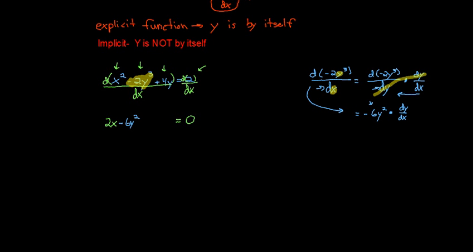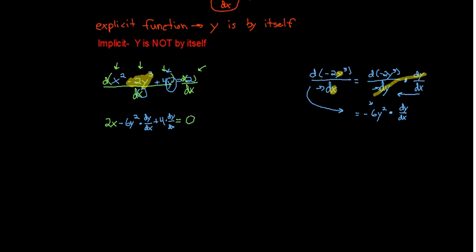But because the variables did not match, I have to add a dy over dx. Alright? So the next one, I have the derivative of plus 4y right here. And so the derivative is just as usual, plus 4. But because the y and the x do not match, I have to add a dy over dx.